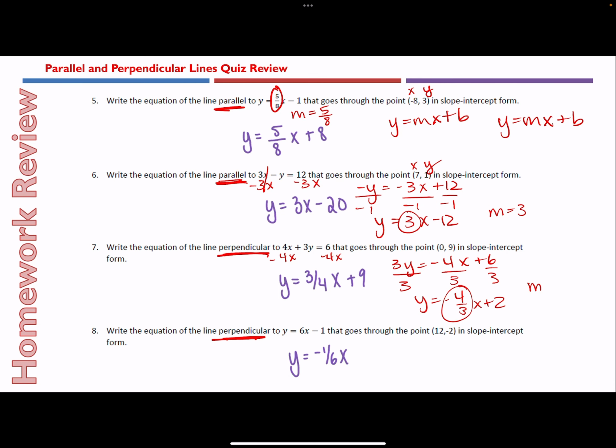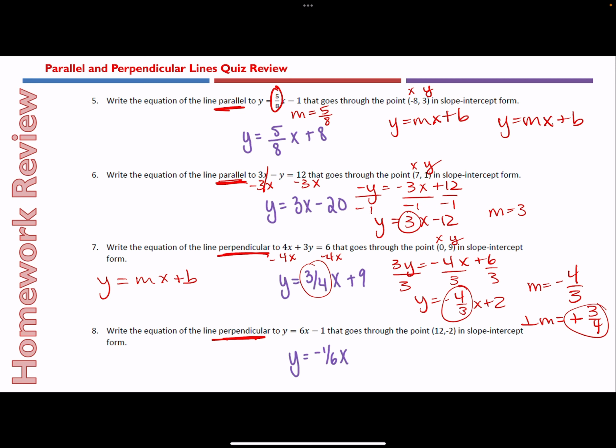Here's your slope, -4 over 3. The perpendicular slope is going to be the opposite reciprocal, so switch the sign and flip the fraction. That's how we get this -3 over 4. And then you plug in x comma y to y equals mx plus b, but you use this slope when you plug in.